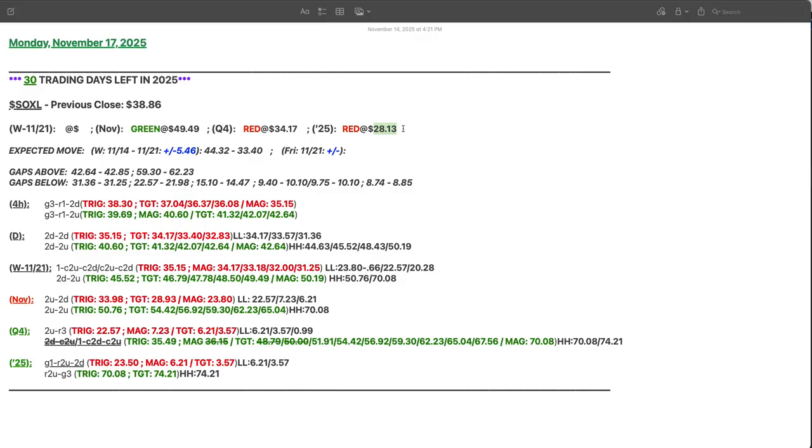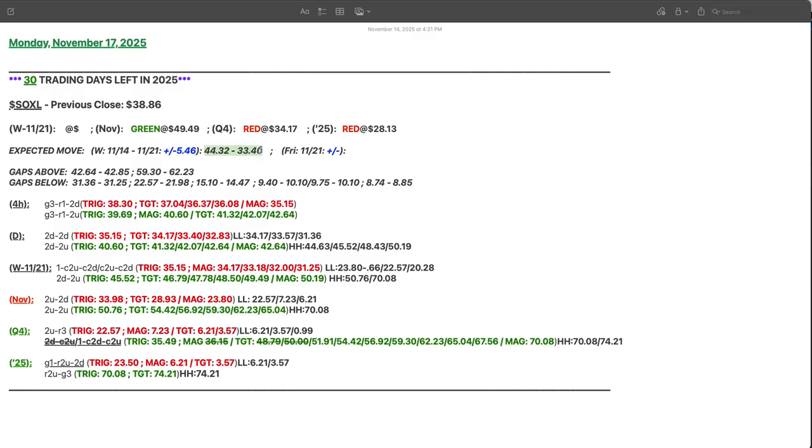I don't really predict things too much, but if we do flip the year red, I don't know that we go too red and start looking real bearish, right? I think we would hover around, making the year look like a doji, and still have the possibility of not only going full time frame continuity to the upside at the beginning of the year, but then still taking 2 up on the year, triggering the 2 down, 2 up, and still maintaining that magnitude, that target of 70.08 as the move.